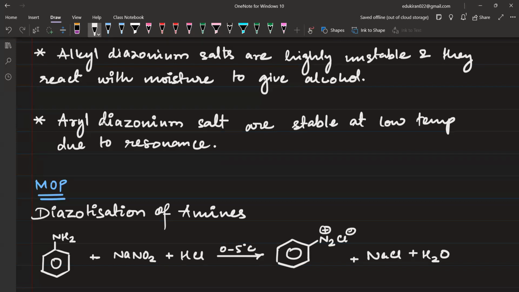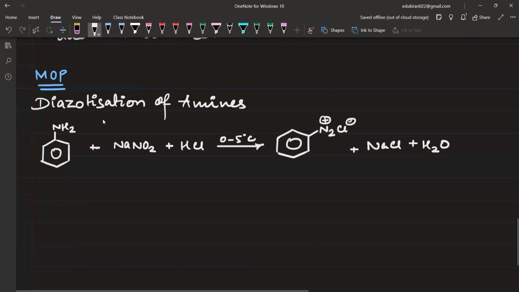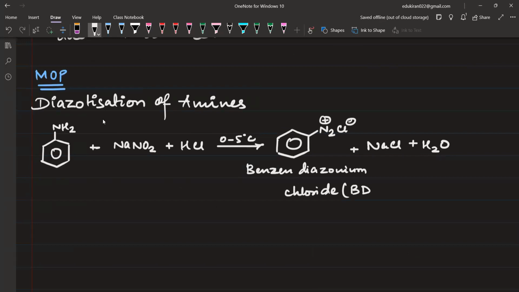These are not important for us. For us, what is important? This molecule, which is benzene diazonium chloride, which will be referred to BDC in the rest of the section, है ना, अगर हमने कहीं पे BDC लिखा तो. This is the only method of preparation.